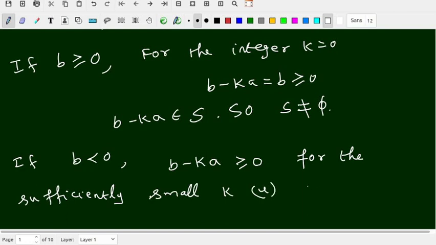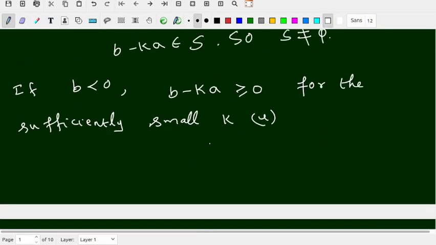That is, if k is equal to b, here b is negative, right? If we choose k equal to b, then what happens to b minus ka? That is, choose k equal to b. We know that k is less than 0. What about ka? ka equals ba, which is negative.